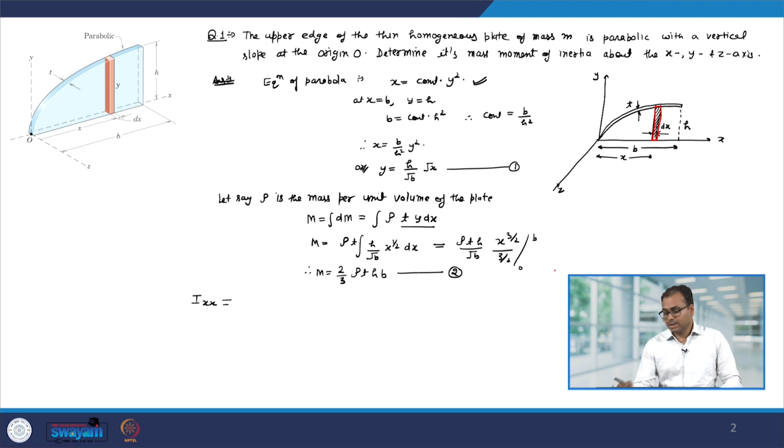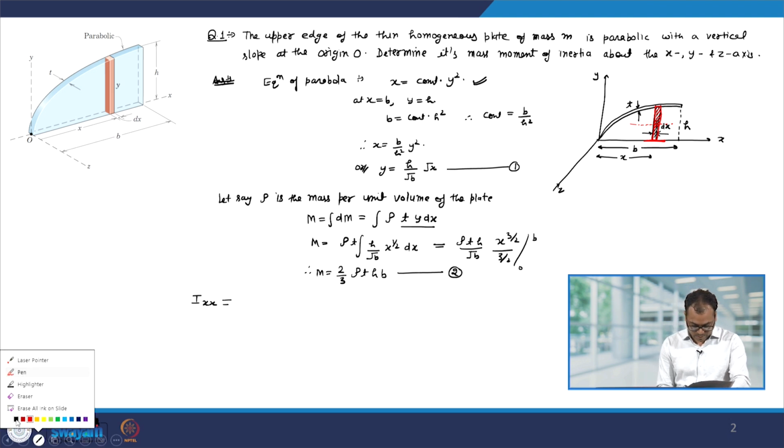Now, this is a rod, and in the last class we found out the moment of inertia of a rod about one end. So, there we can use the parallel axis theorem. We know the moment of inertia about this point is m l square divided by 12 and then m times h by 2 whole square. So, let me just remind you.